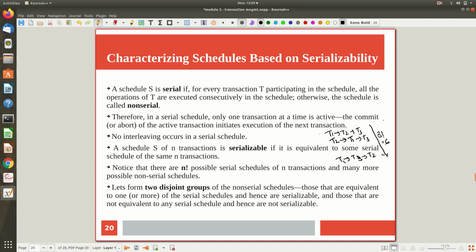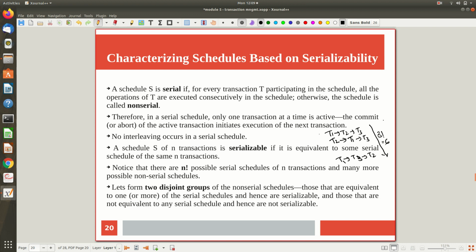You can allow it to execute if it is not going to create any problems like a lost update, temporary update or incorrect summary. Those problems will not be there, provided you allow the non-serial schedule in a particular order. Typically, the kind of non-serial schedule you can allow are those which are serializable. If a non-serial schedule is equivalent to some serial schedule, the transformation process is what we call serialization.